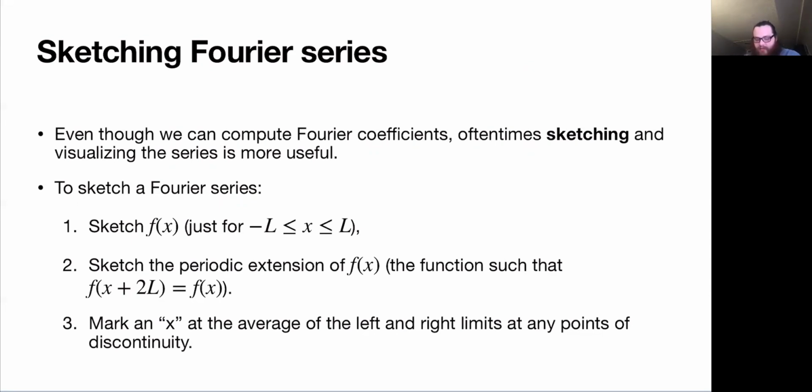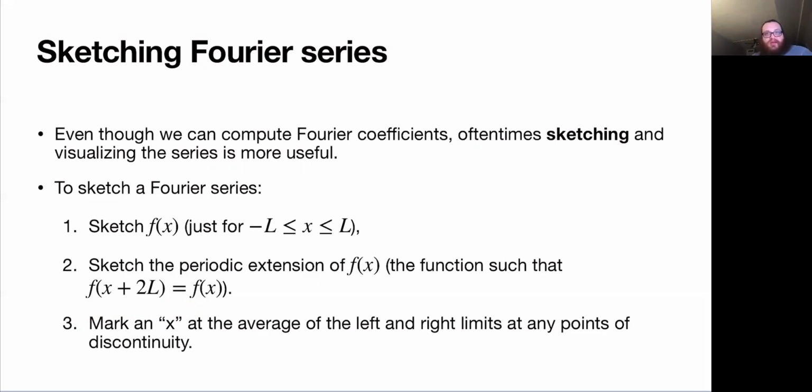So you're sketching this periodic extension of your function. And mathematically, what do we mean when we say a periodic extension? Well, it's the function such that if you wanted to define the function outside of the interval, you define it so that it satisfies this property. And so when we sketch the periodic extension, especially wherever that periodic extension is continuous, that's the sketch of the Fourier series.